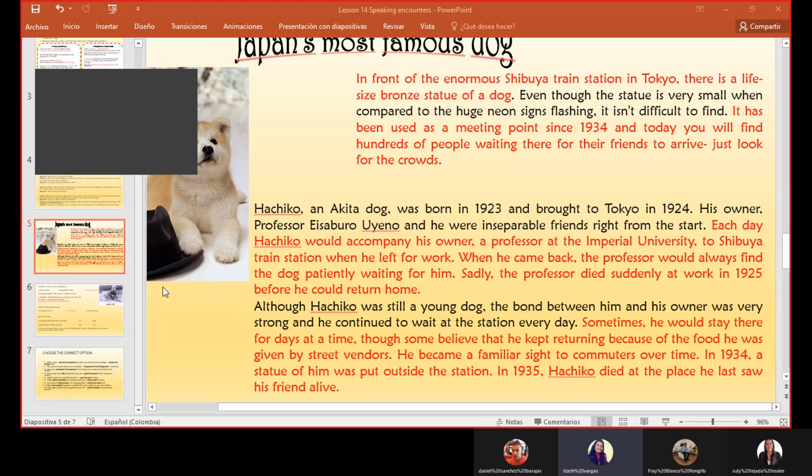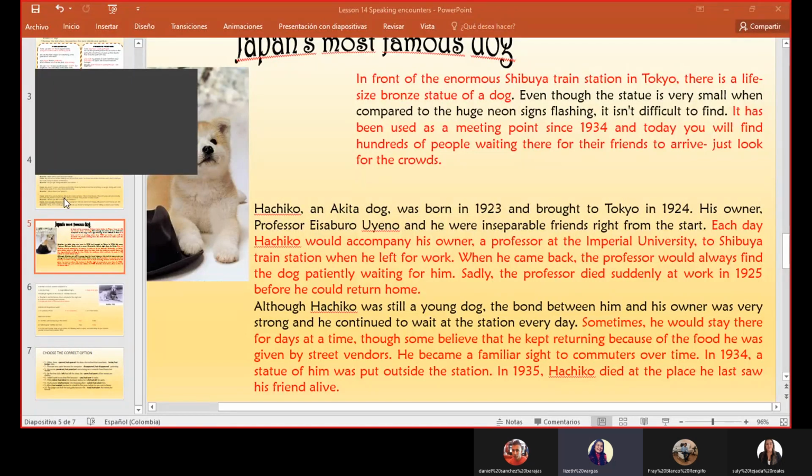When he came back, the professor would always find the dog patiently waiting for him.